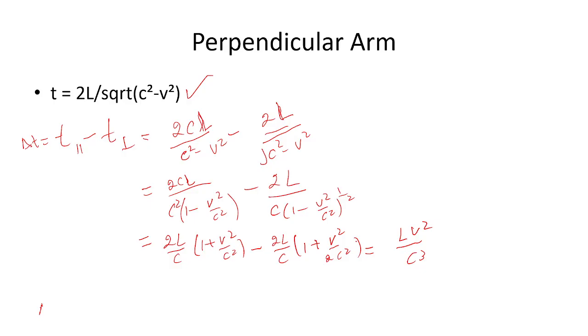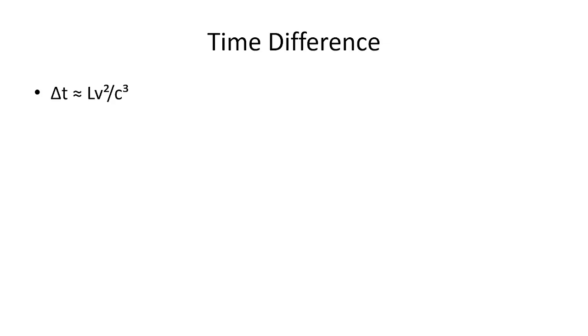So that is the time difference which will be recorded by the detector. So we calculated it on this page, and you see this is L V square over C square. Okay, this is the time difference which should be recorded by the detector.